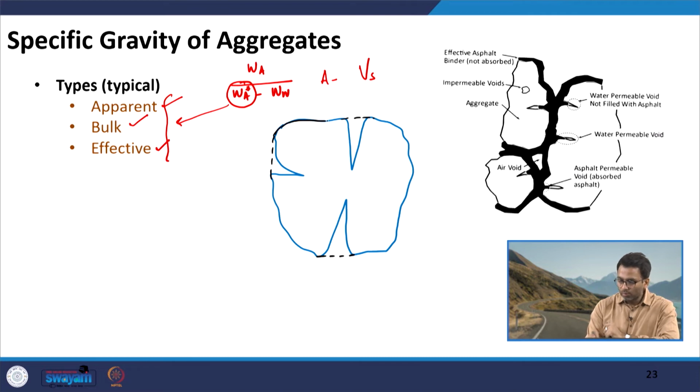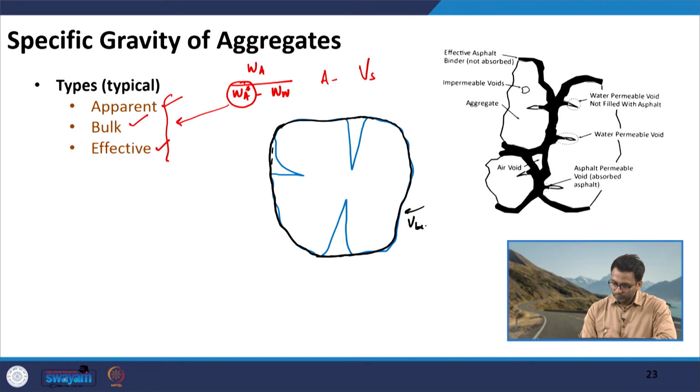This outer mark which I have drawn, this is the bulk volume of the aggregate, the total volume including the water permeable and water impermeable voids, all right. So, this is the bulk volume. Then we have another volume here, which is the volume of water permeable voids, all right.